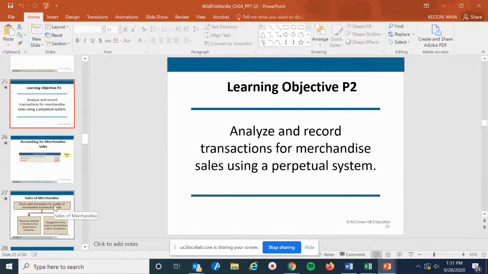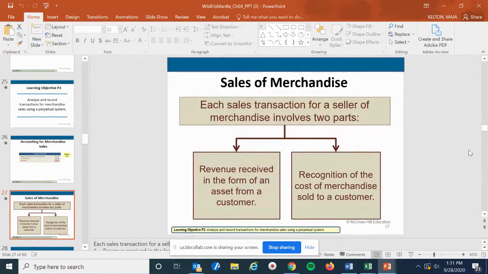So when the company sells merchandise, we need to account for two things. The first thing is we need to look at the revenue received. Whenever the company sells goods to their customers, they receive either cash or a promise that the customer will pay in the future. We call that promise accounts receivable.